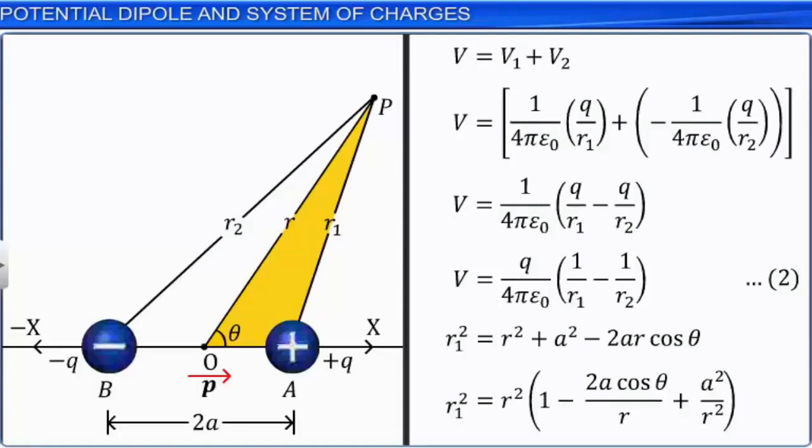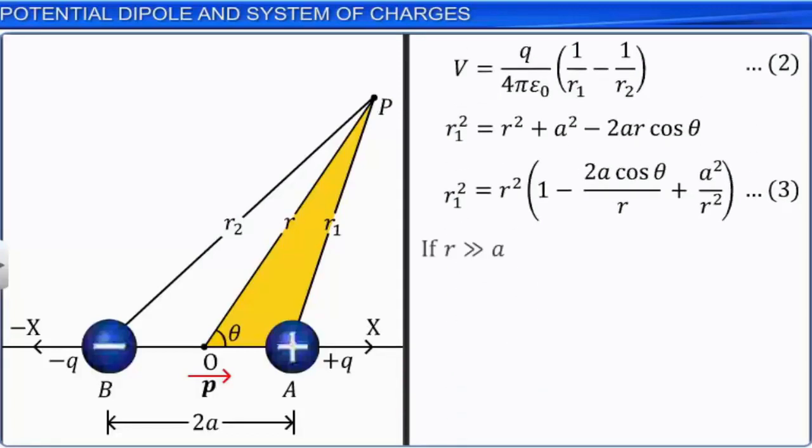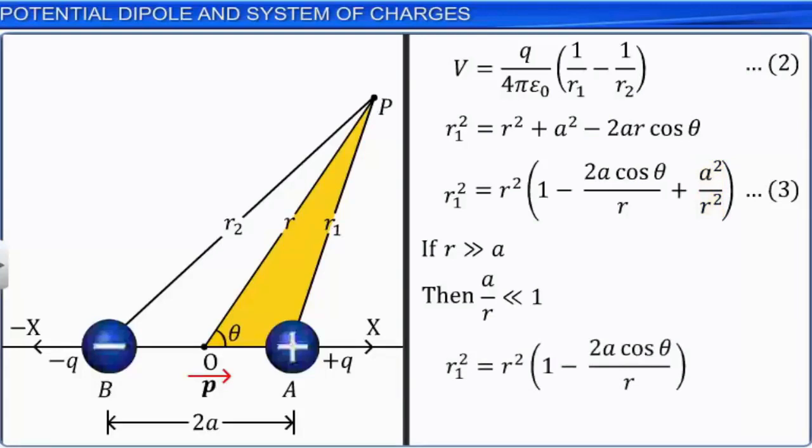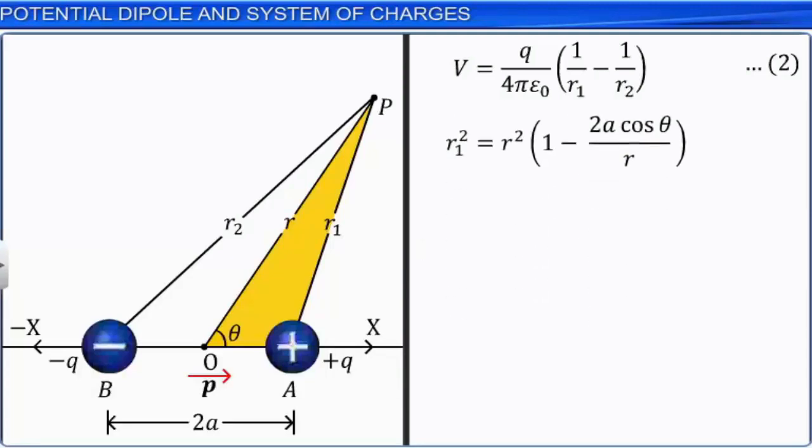If R is much greater than A, then the ratio A to R is much less than 1, and hence the term A square by R square in equation 3 can be neglected as it becomes very negligible. Then we get R1 square is equal to R square into 1 minus 2A cos theta by R. This implies R1 is equal to R into (1 minus 2A cos theta by R) power half.